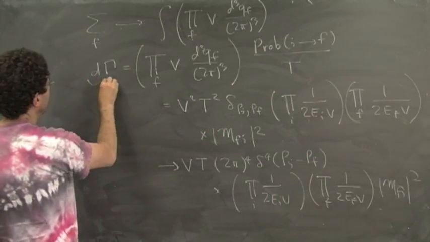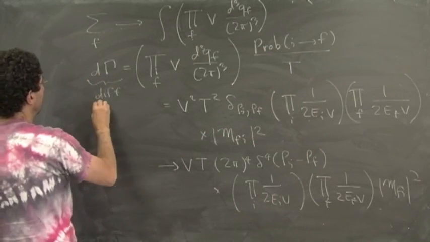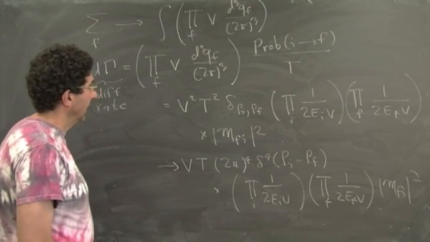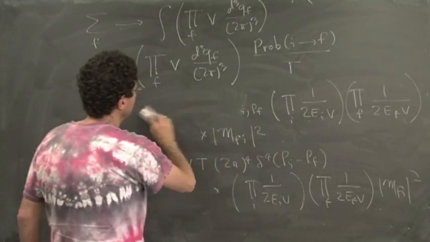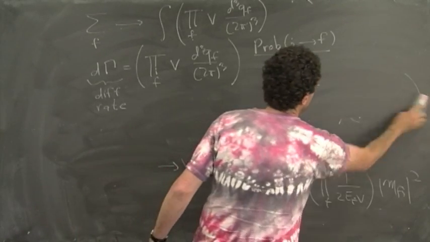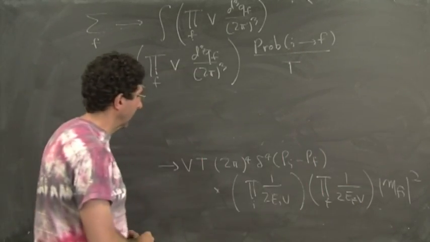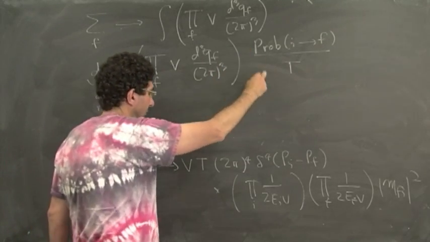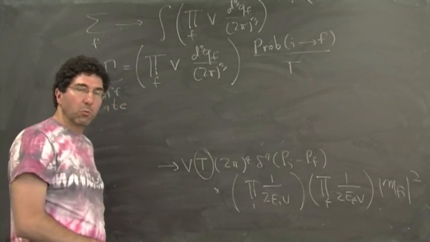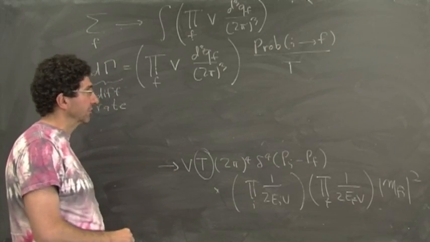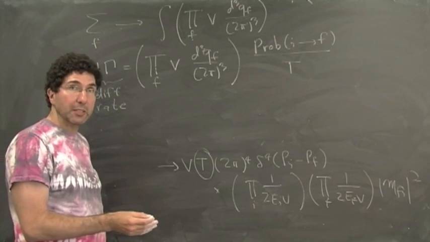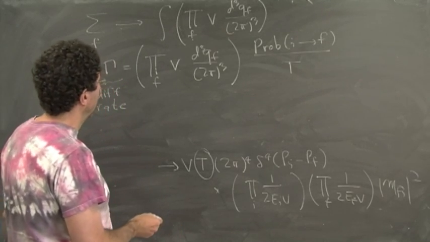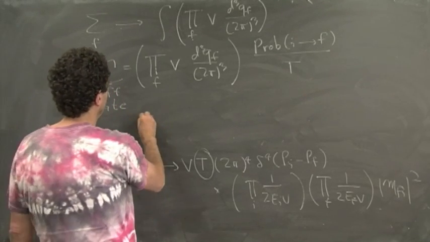So this right here is a differential rate. Okay? All right? And if I look down here at the last expression that I derived, I see that, very nicely, looking at a rate, a probability per unit time, absorbs the one and only time factor that I have. So now my expression becomes independent of time. That makes sense, right?